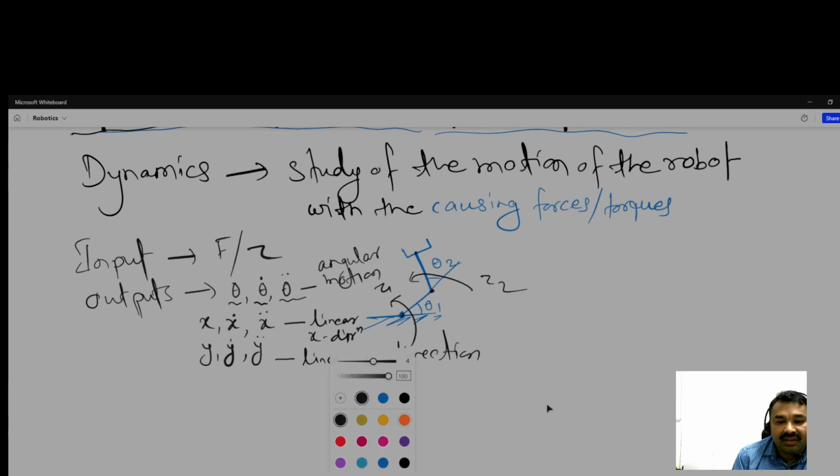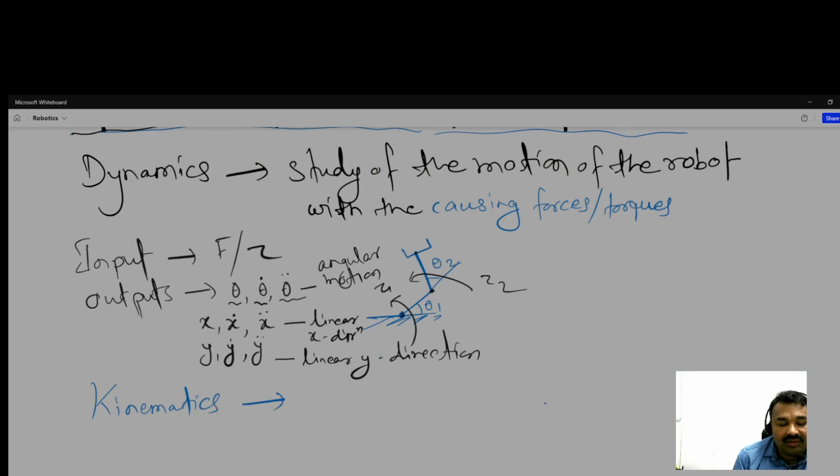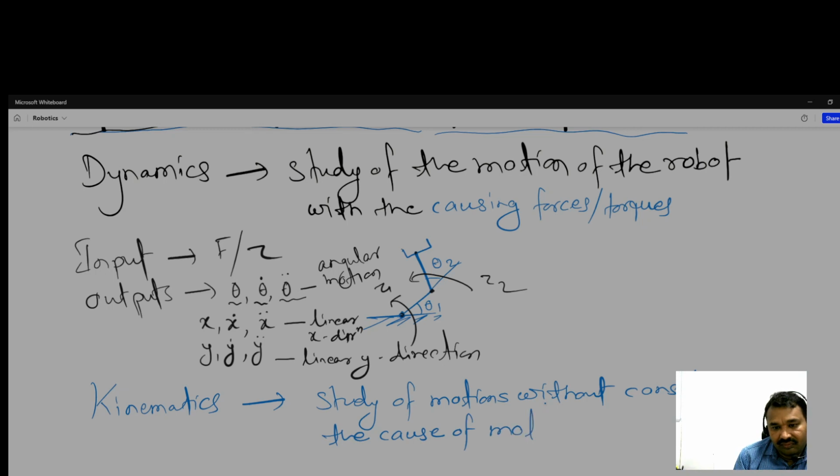But kinematics deals with the study of motions without considering the cause, the forces or torques.